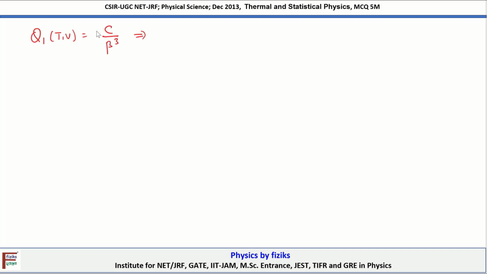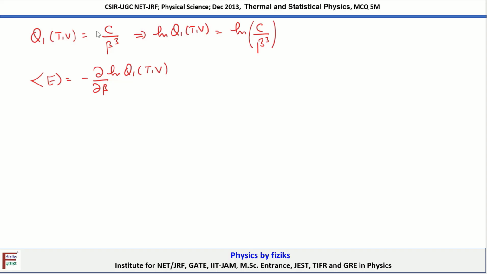So this implies ln Q1 is equal to ln of C upon beta cube. Now the average energy per particle is equal to minus partial derivative of ln Q1 with respect to beta.